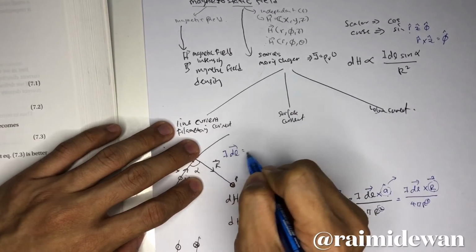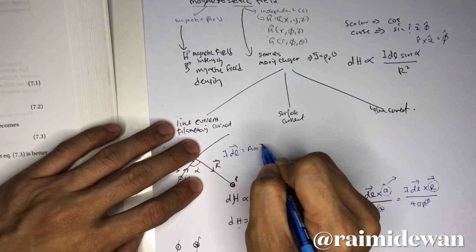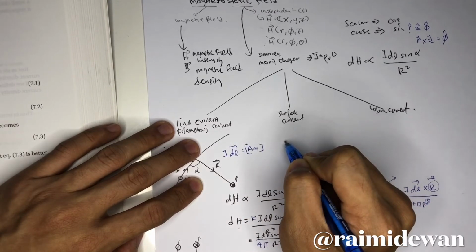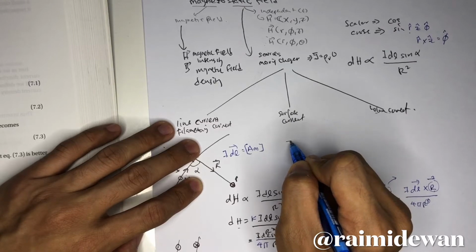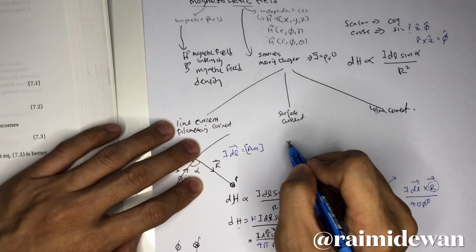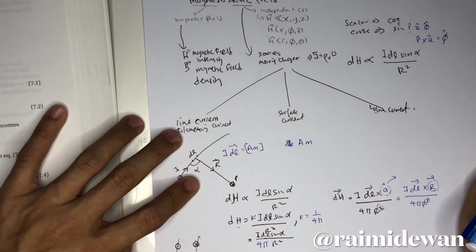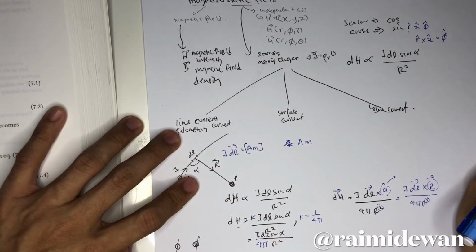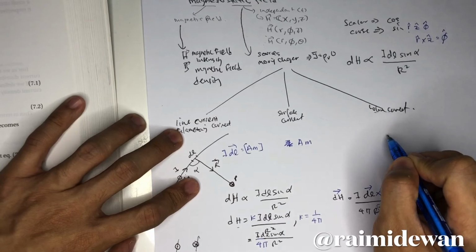The unit for this is ampere meter. How about surface current? Surface current, you will have I per meter also. Later I will show you why it is like this.